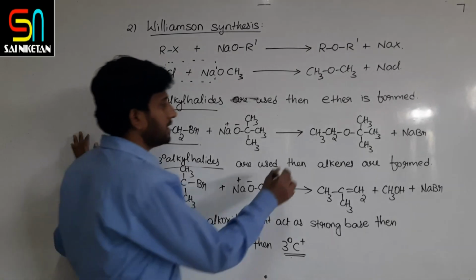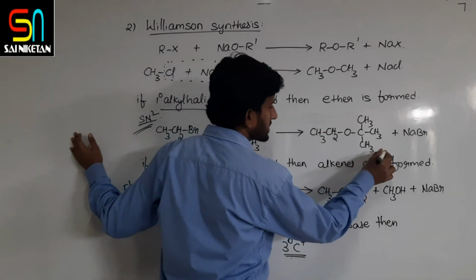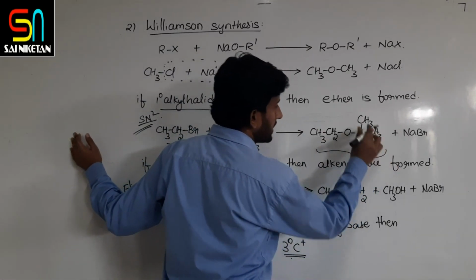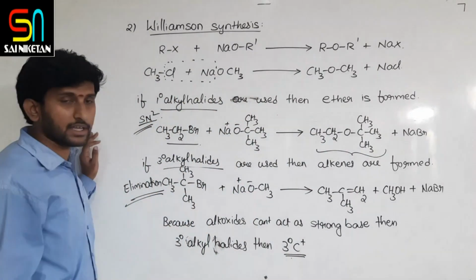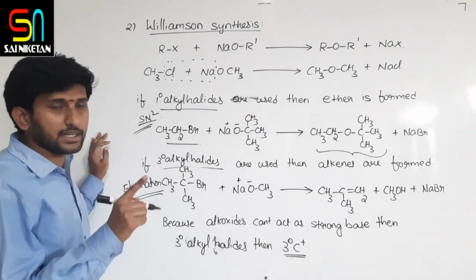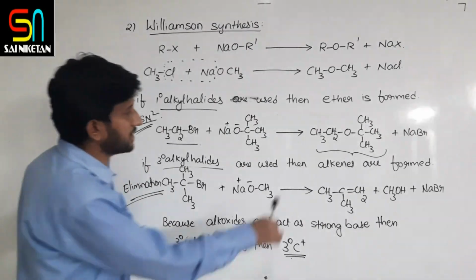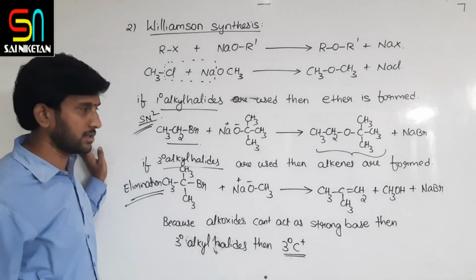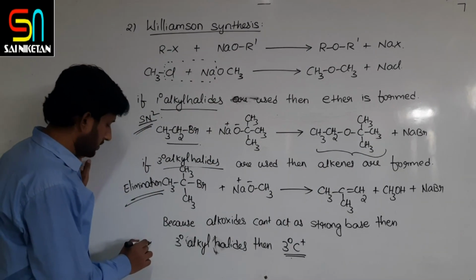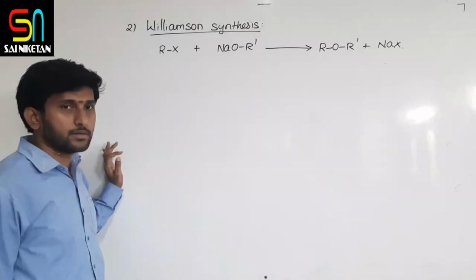So in this method, you can synthesize ethers containing secondary and tertiary alkyl groups also. But in the first method we have seen, we can synthesize only ethers containing primary alkyl groups. But here primary, tertiary, secondary also you can synthesize. Okay. So next we will see another example.